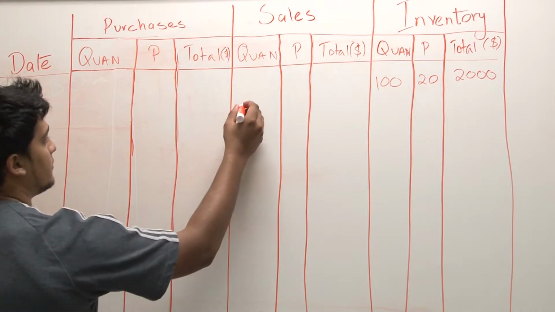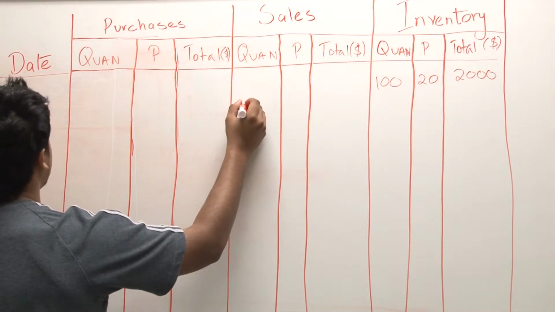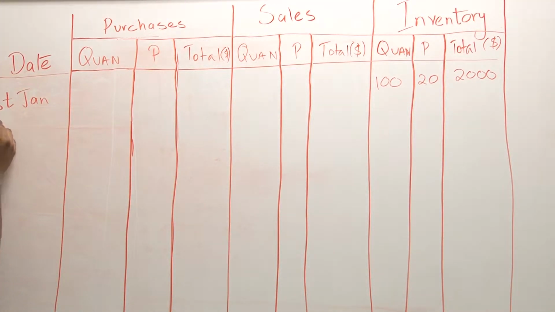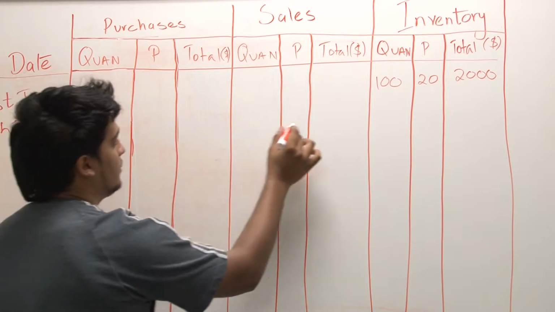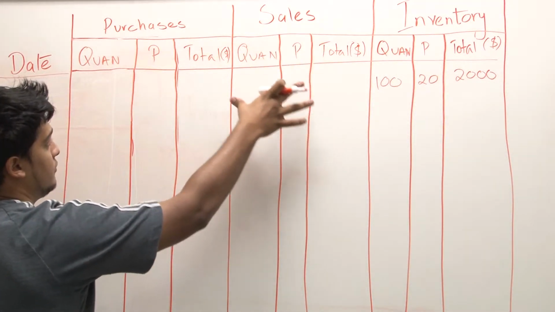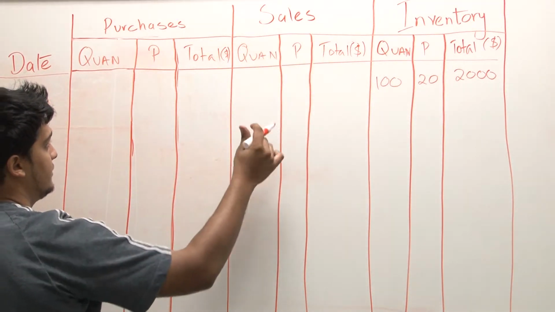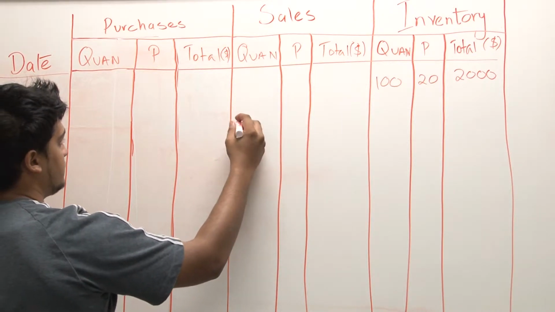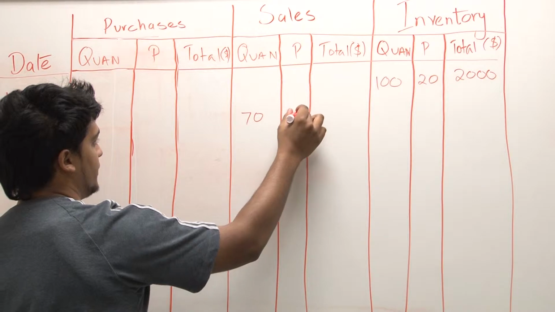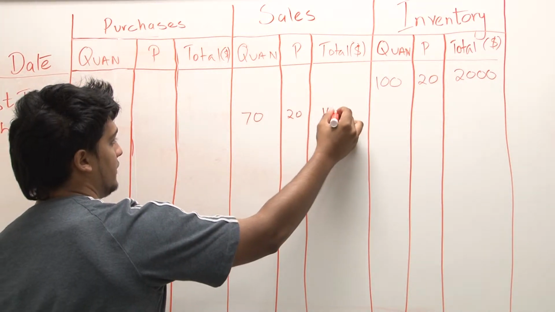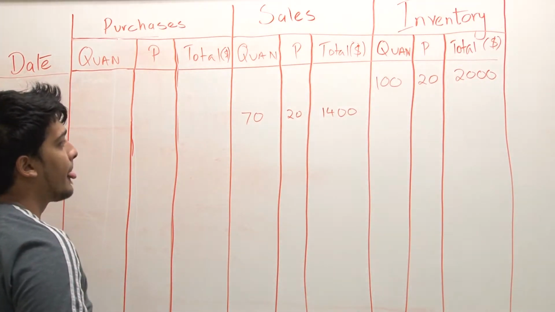So I sold him, this was the 4th of Jan. Whatever I sold will be coming into my sales column. I sold him 70 cameras at a price of 20, so I'll be having 1,400.